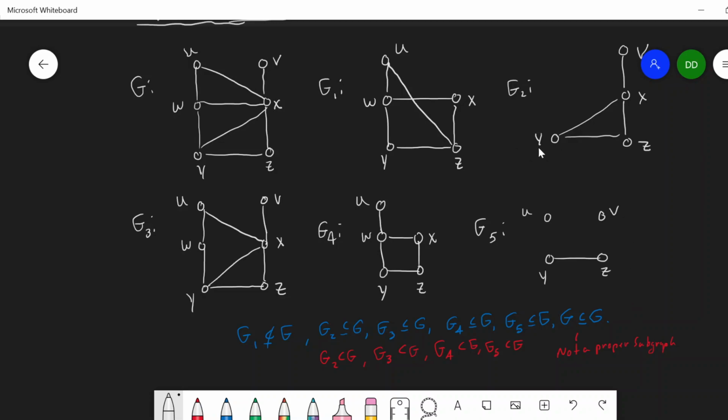So maybe take a second and look through these examples and see if you can spot any induced subgraphs.